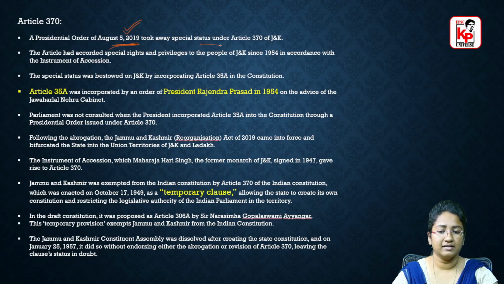And coming to Article 370, this is a presidential order that was given on August 5th, 2019, and this took away the special status of Article 370 of Jammu and Kashmir. As we know, this particular article provided some special rights and special privileges to the people of Jammu and Kashmir since 1954, in accordance with the Instrument of Accession. And this special status was bestowed on Jammu and Kashmir by incorporating Article 35A in the Constitution, and we have already discussed Article 35A.